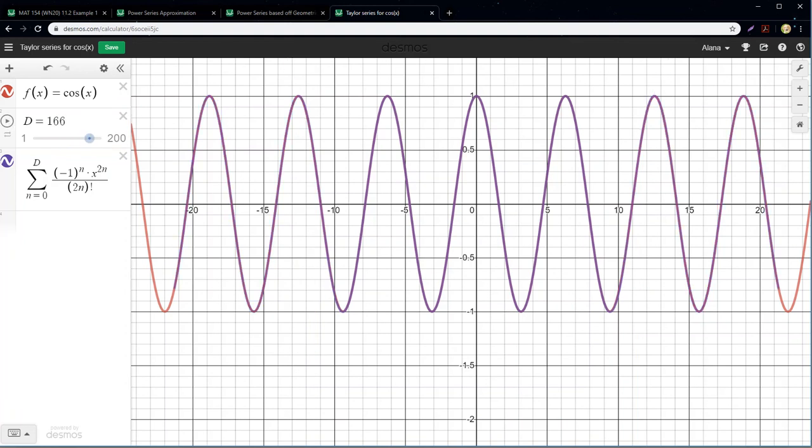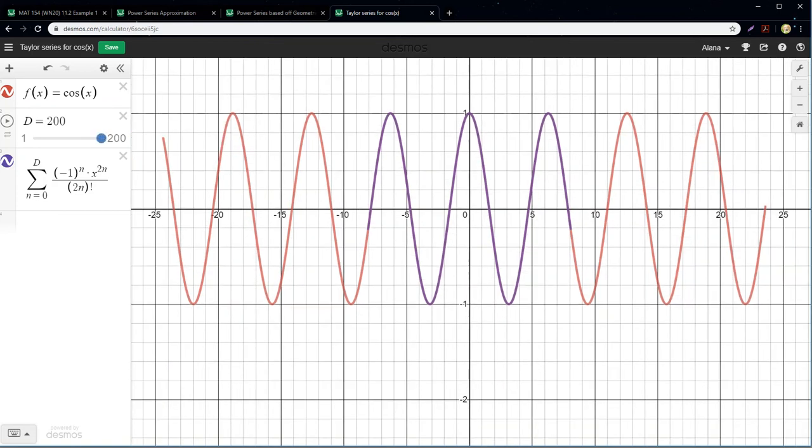You can see it's mirror imaging and writing over that cosine. So if I was able to test most to infinity, which of course I'm not, but if I was able to, that purple curve and that red curve would be completely overlapping. That's just the nature of the beast. And you can make a similar graph for sine using the formula we were just seeing.